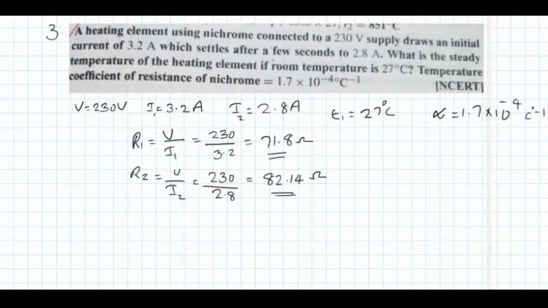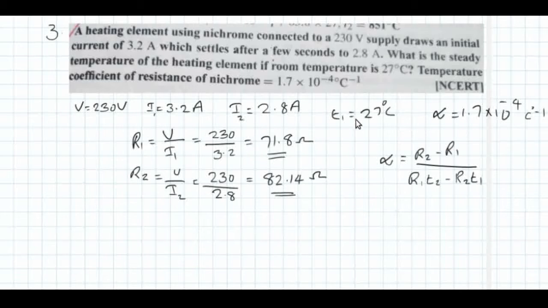So now we have R1, R2, now T1, alpha. So how to connect alpha with T1, R1 and R2? We have the equation alpha is equal to R2 minus R1 divided by R1 T2 minus R2 T1. Here T1 is the temperature corresponding to the resistance 71.82 ohm at which we start the experiment.